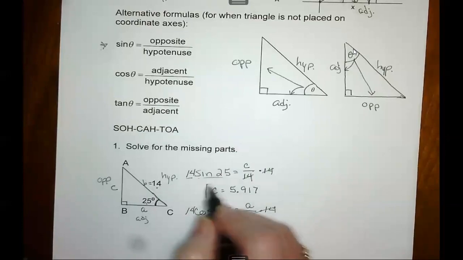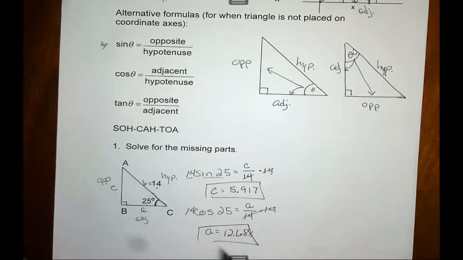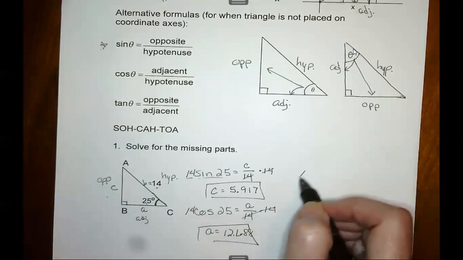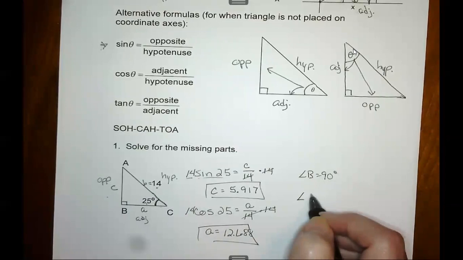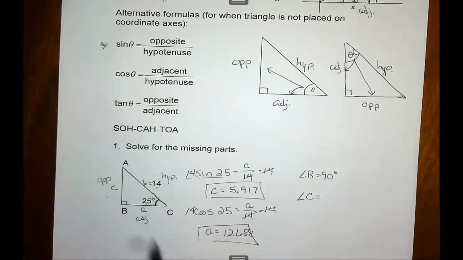All right, so we have side C and side A. We already knew side B, so we have all of the sides. Now, as far as the angles go, we were given that angle C was 25. We know that angle B is 90 degrees. So now we just need angle C. Well, we don't need trig for that. We just need some basic geometry.